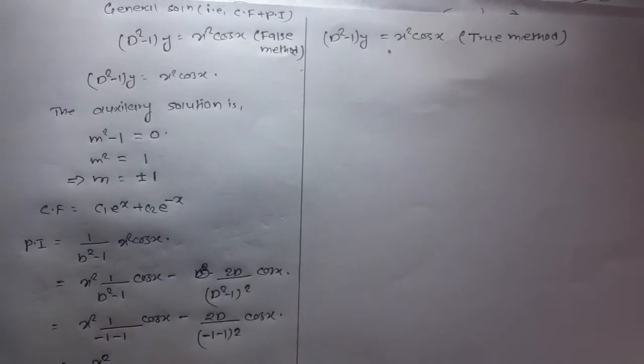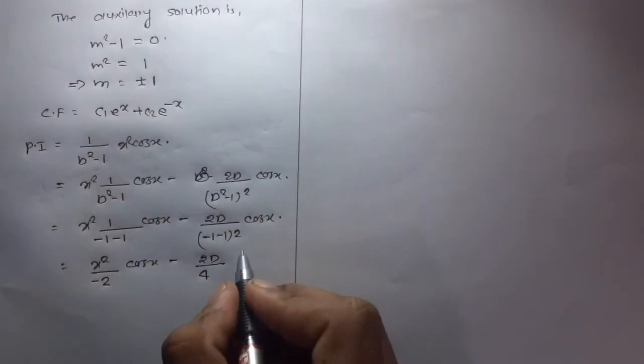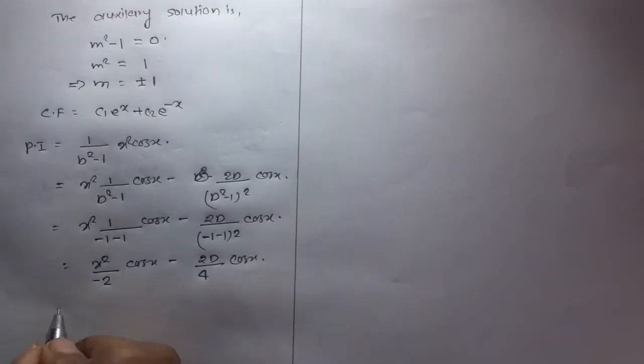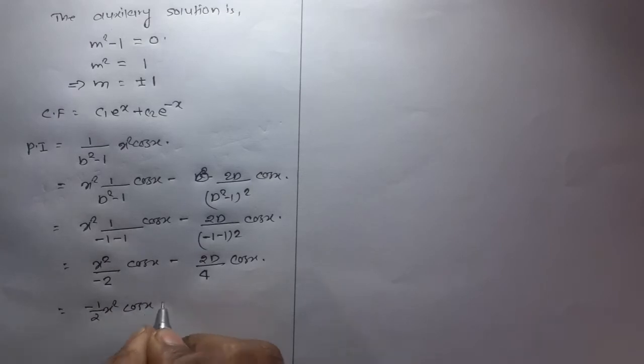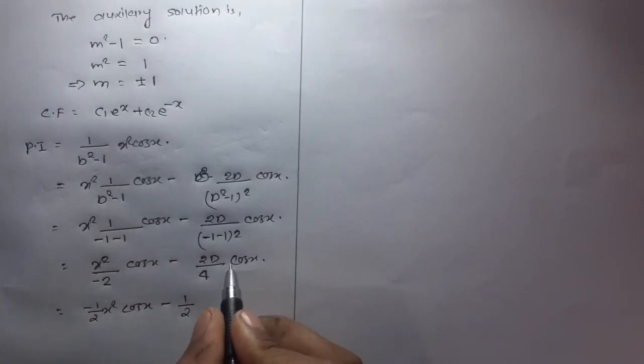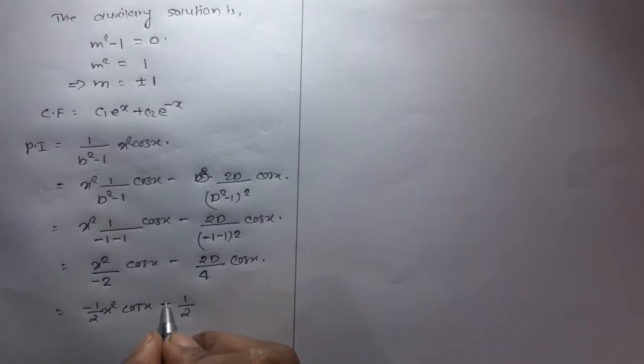So this is x²/(−2) cos x − 2D/4 cos x. So this is −1/2 x² cos x − 1/2 D cos x. The derivative of cos x is −sin x, so plus sin x.